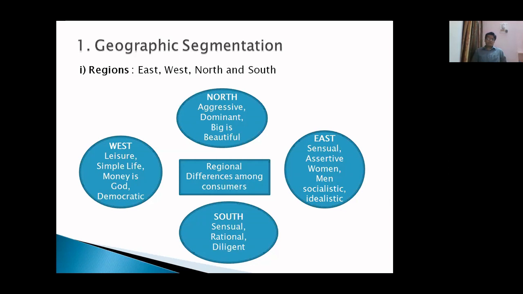For example, we could talk about mobile phones, smartphones. Few prefer big screens, few prefer handy pocket size screens.